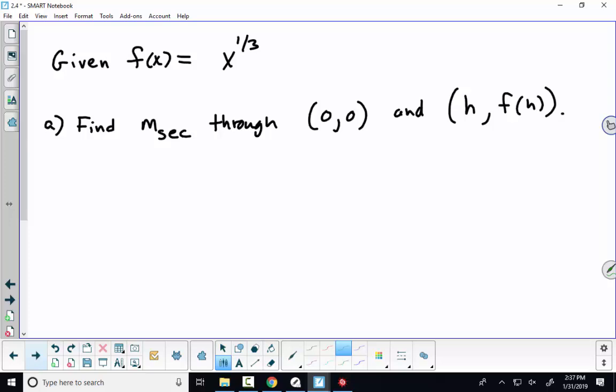So the slope of the secant line is just the slope connecting those 2 points on that function. So, think about this as x1, y1. This is x2, this is y2. So what is the slope of the secant line?